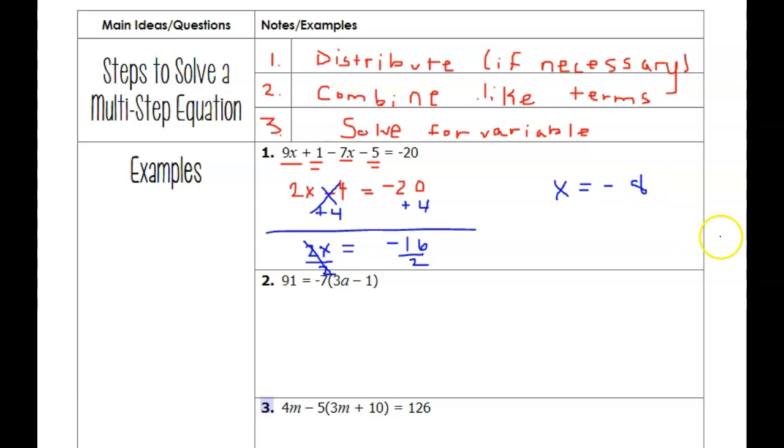Number 2, guys. First step, it says distribute if necessary. Is it necessary to distribute, e-learners, for this first step? Yes or no?